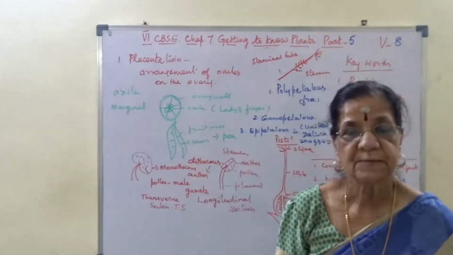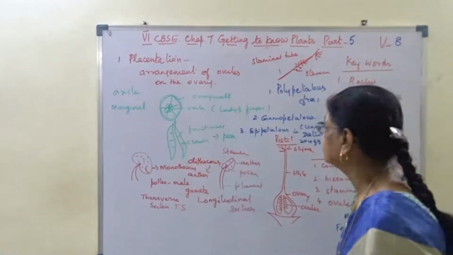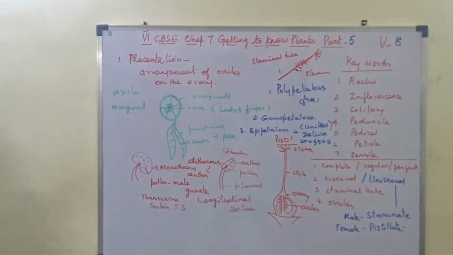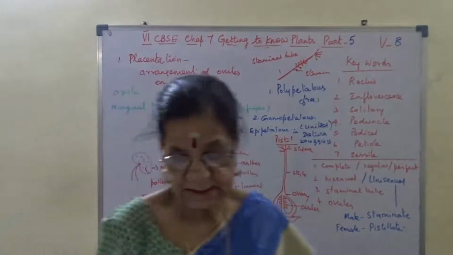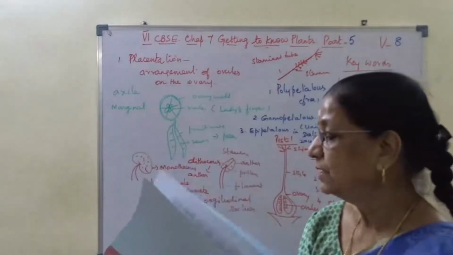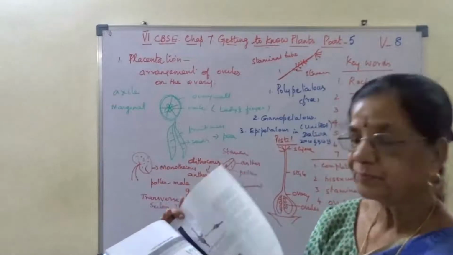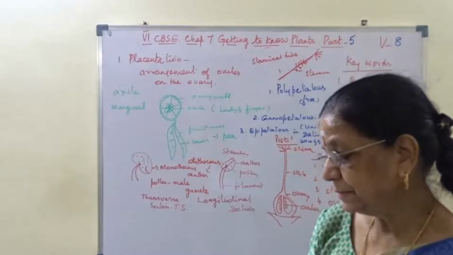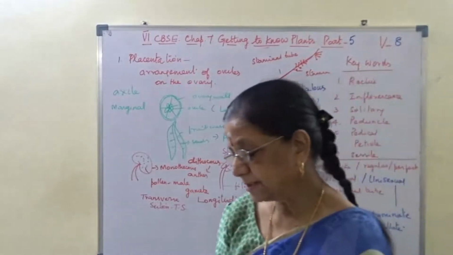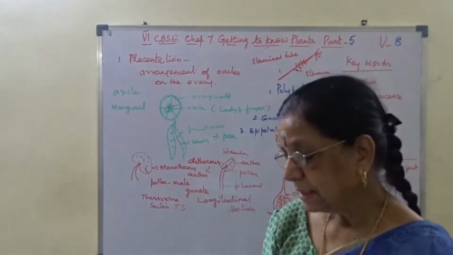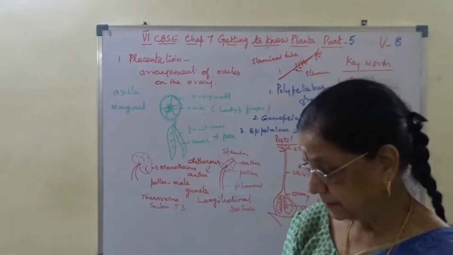This is for the flower that we are learning. So here in this table 7.3, you have to fill up this column. And then remove the sepals and petals to see the other parts and compare the flower with the illustration and identify the stamen and pistil.